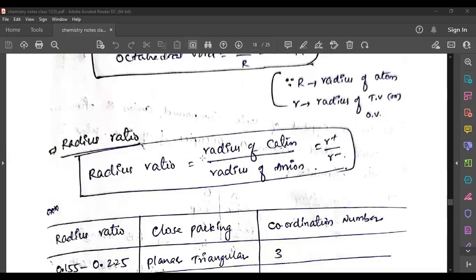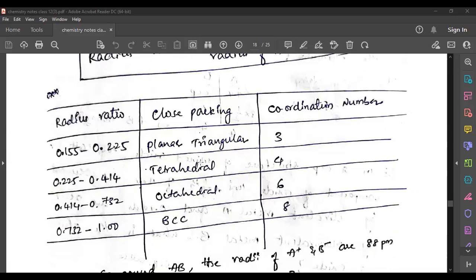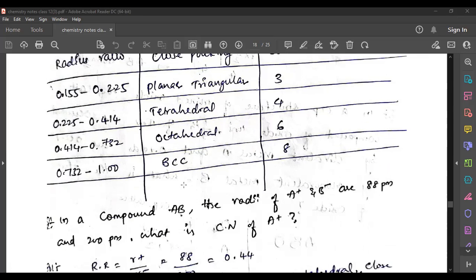In the exam, they will give you these radius ratios, or they will give the radius of the cation and the radius of the anion. They will ask you to find out the close packing of that structure and the coordination number of that structure. Okay, suppose you have taken an example like this.